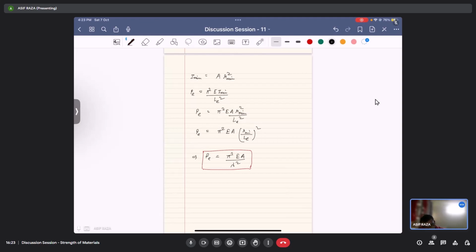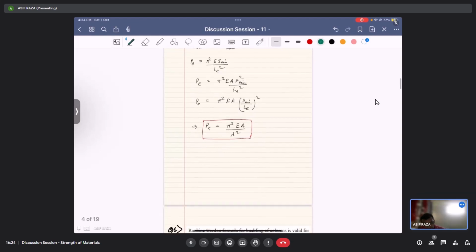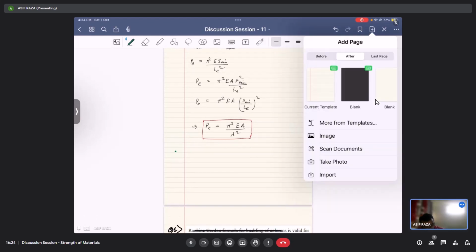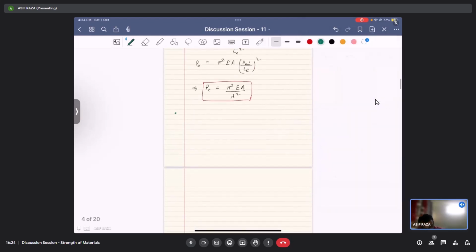If we are given the modulus of elasticity, the area of the system considered, and the slenderness ratio, then we can directly find the Euler buckling load. The last one needed is the Rankine load.